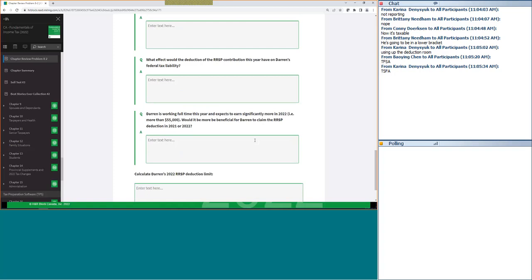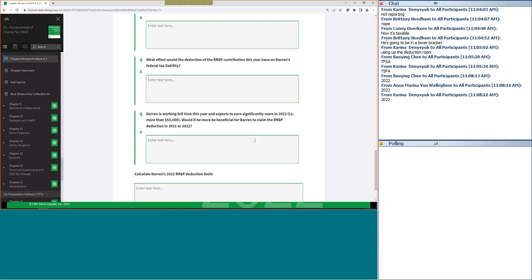So we know if he worked roughly half the year at 27,000, next year he's going to work the full year, he might get a small raise. 55 is what he's estimating. Would it be better for him to claim the RSP in 2022 or 2021? 2022? Absolutely, because he's going to have more income and more taxable income.